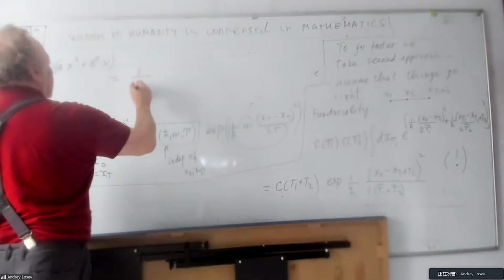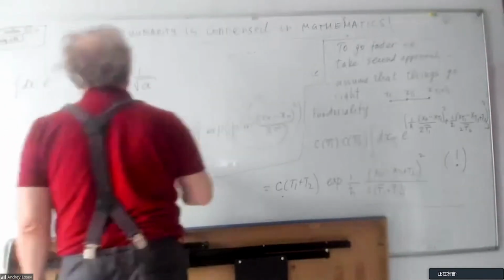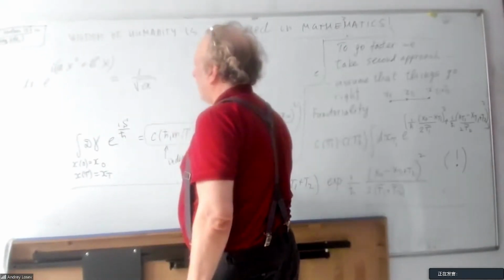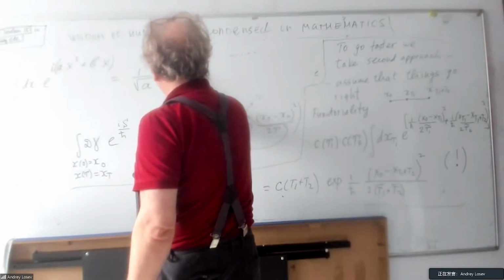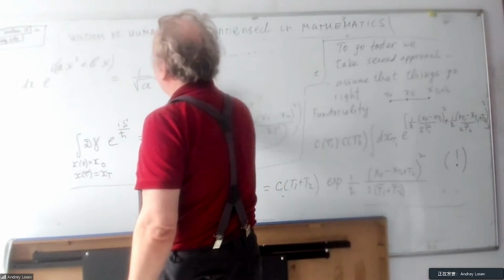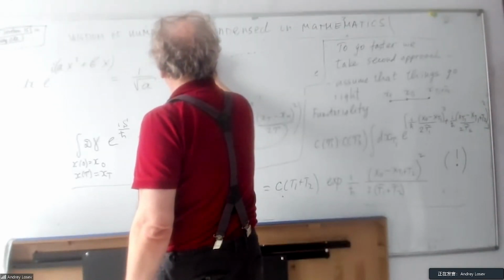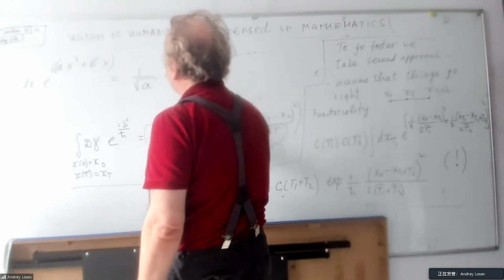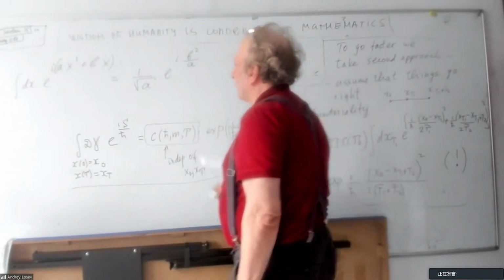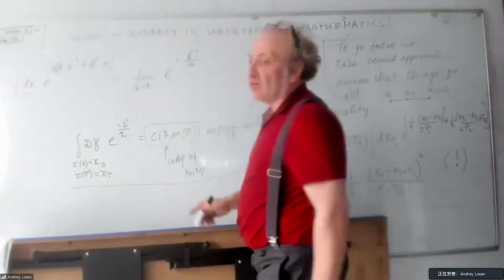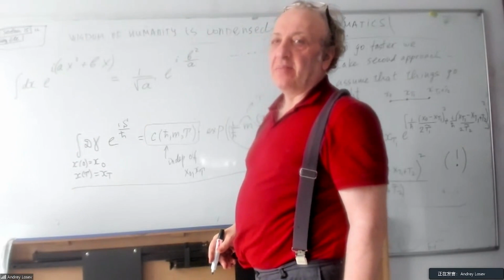So this is 1 over square root of a. And what do I have here? I have here the exponent of a of i, and here I have b squared over a. And here is some numerical thing that I don't want to carry, something with i's and pi's.